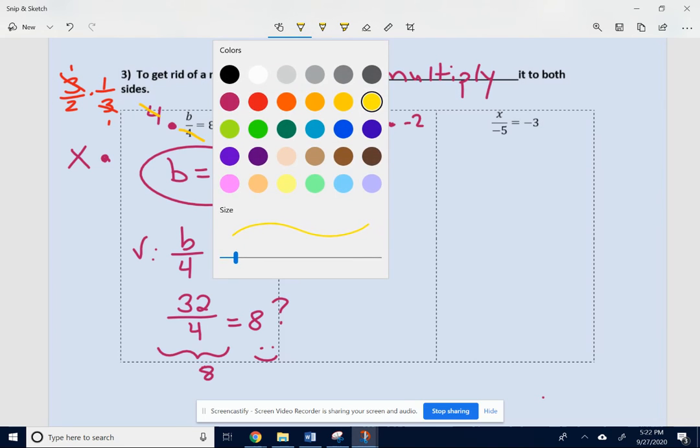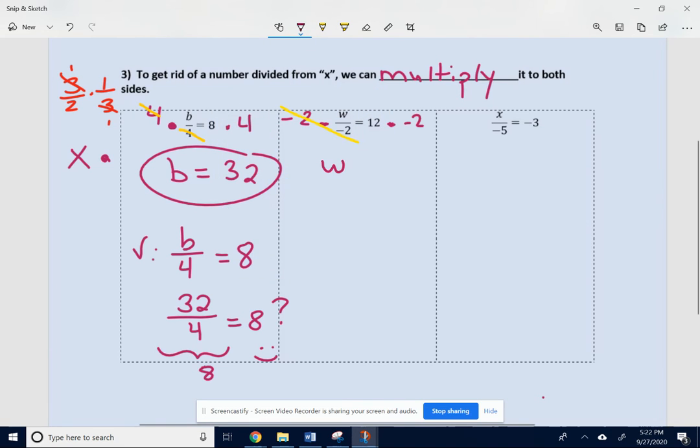We're going to be left with w on the left, and on the right we have 12 times -2. Remember when we multiply, if the signs are the same, it's a positive answer. If the signs are different, it's a negative answer. So in this problem, the signs are different. One's positive, one's negative. So it's -24.